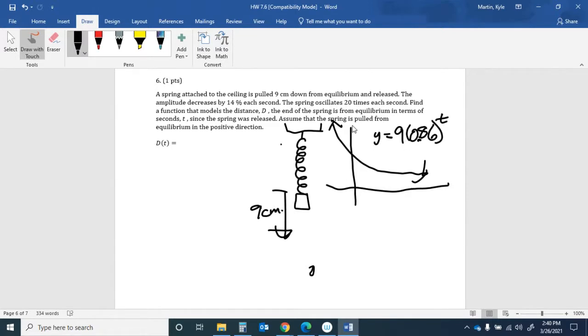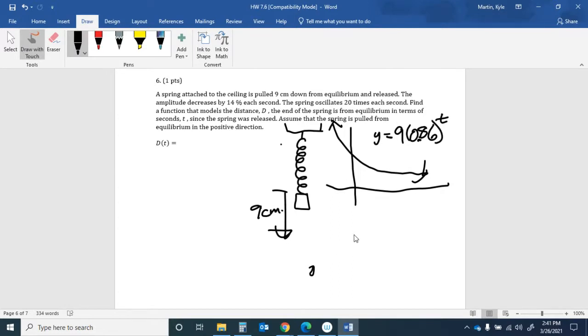And that dictates our amplitude. This is a, so we normally have a constant as the amplitude, like 8. You know, I go above and below the midline by 8 units. All right, but this is not a constant. It varies, and it varies at this constant decay rate of 14% per second.